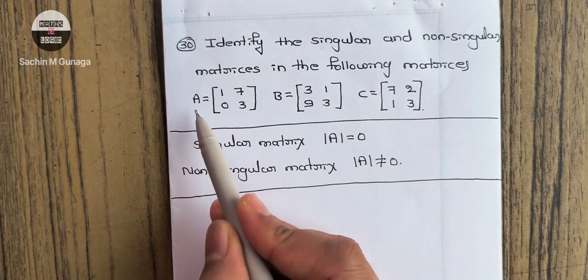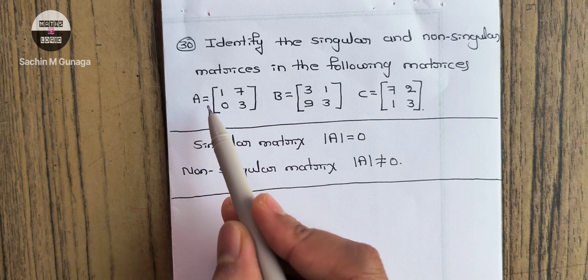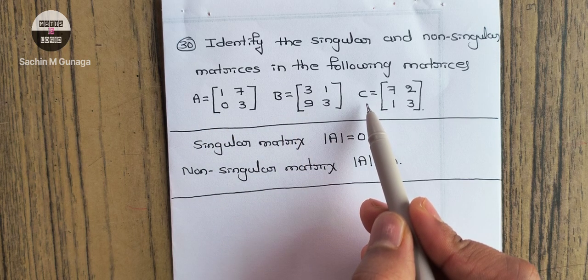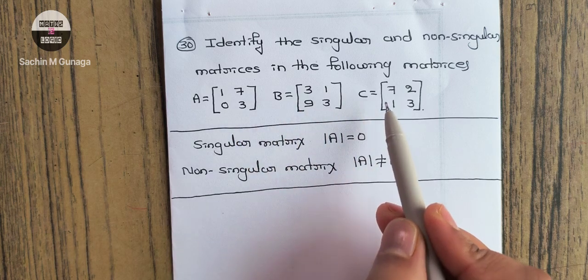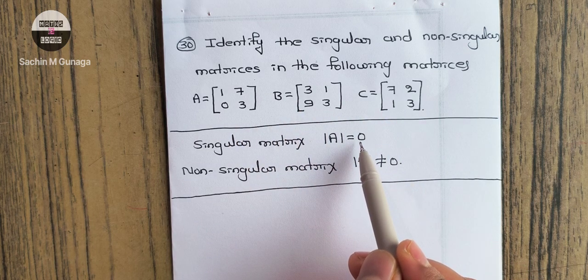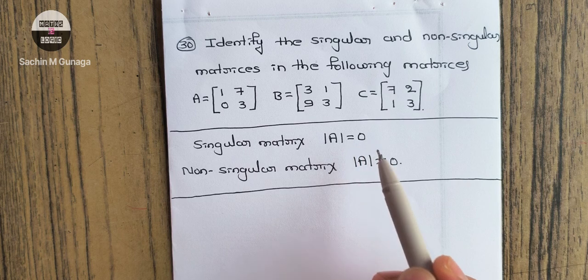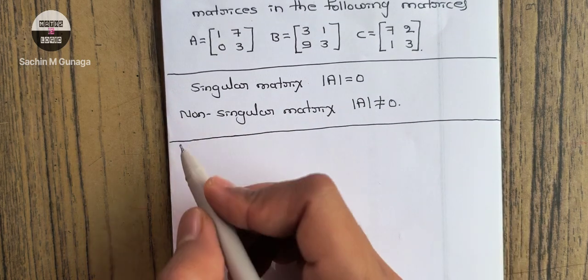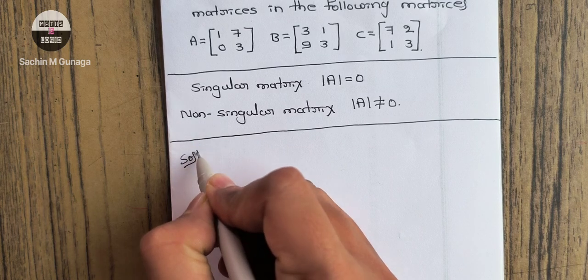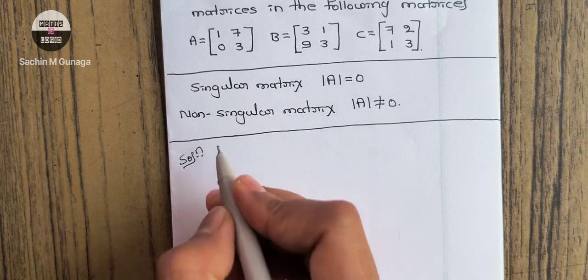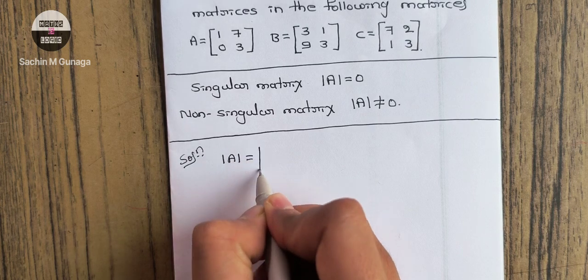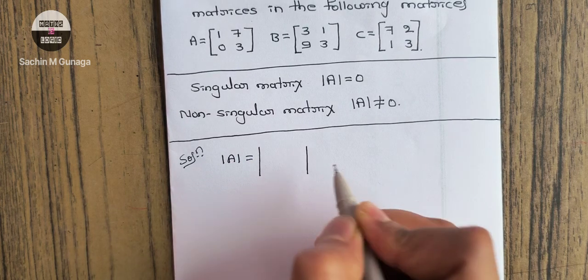So first here we will find the determinant of A, determinant of B and determinant of C. In these three matrices we will see for which matrix we are getting 0 and for which matrix we are not getting 0. So in the solution, first we will find the determinant of A. The determinant symbol, keep it as it is.